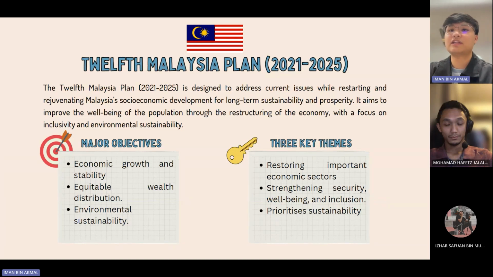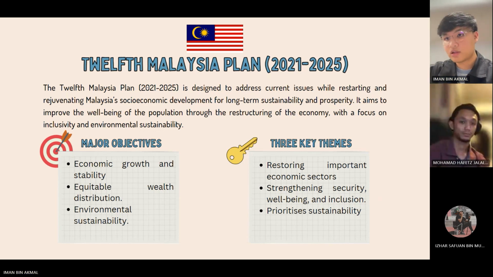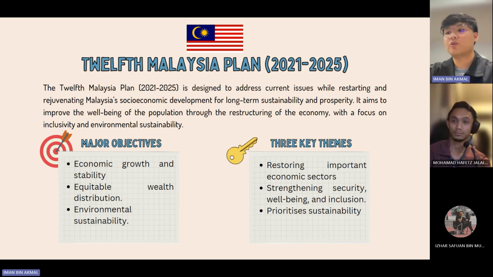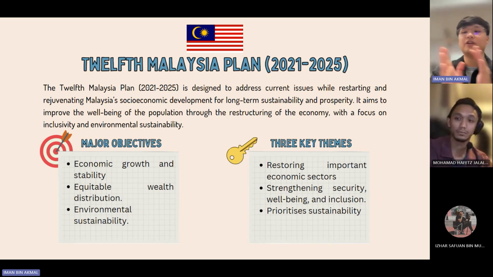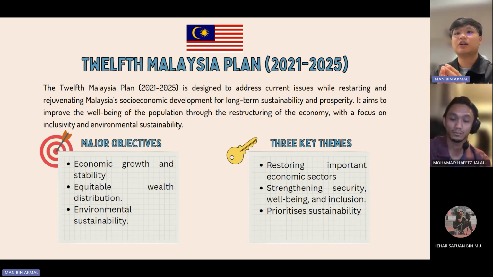I believe that data is the most important thing in this era where all of the countries are keen towards it. Lastly is prioritizing sustainability, which includes measures to guarantee sustainable growth and also handle environmental issues. All of these objectives with the key themes are correlated.